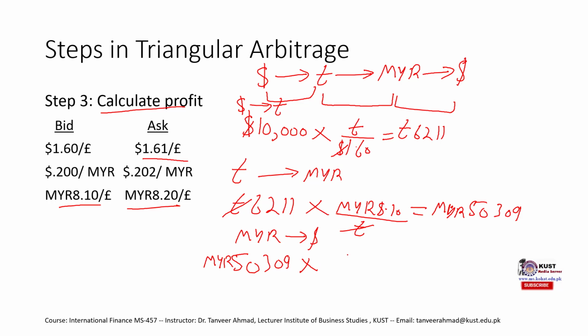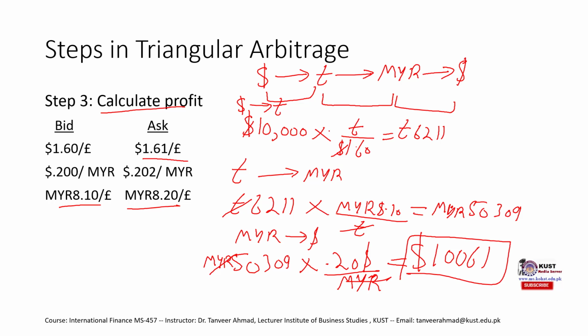So this would become $0.20 per MYR. So again, we would have dollars 10,061. Remember, we started with $10,000 and now we have 10,061. So this 61 is our profit.